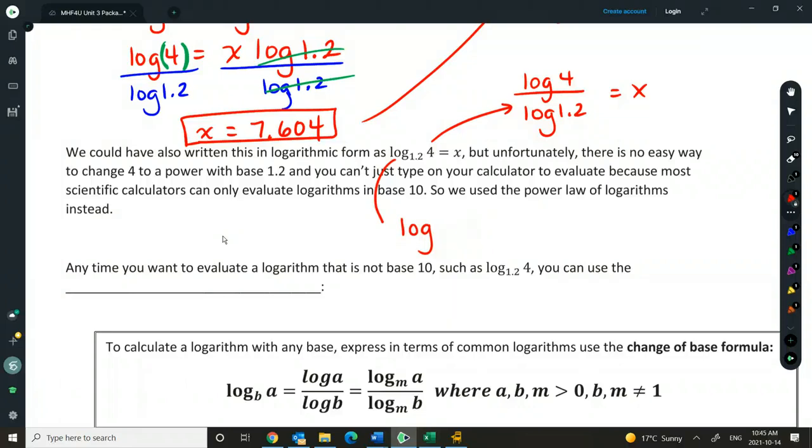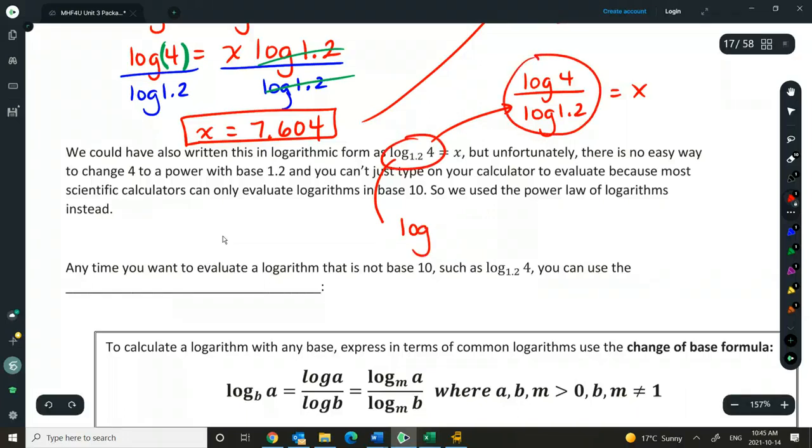Most of you guys just have a regular log button, so you can't calculate something like this. You have to switch it into this format first, and then do log of 4 over log of 1.2. That's why the change of base formula is important: we understand how to switch something expressed as log base 1.2 of 4 into a division of logarithms.